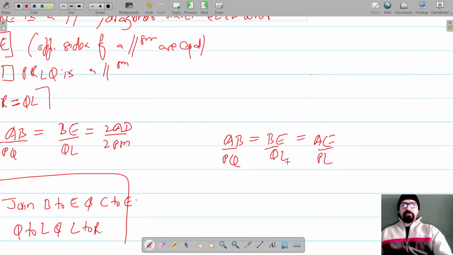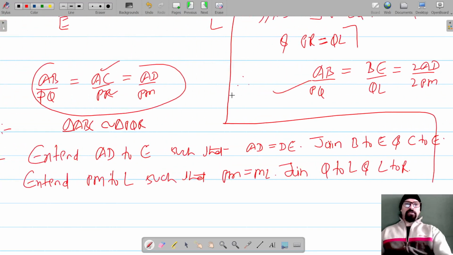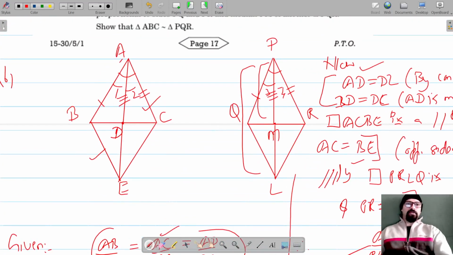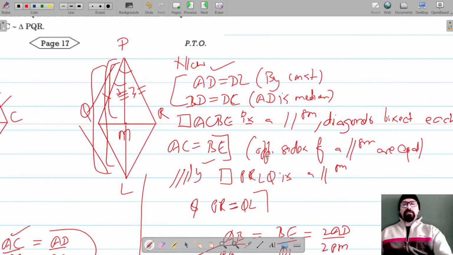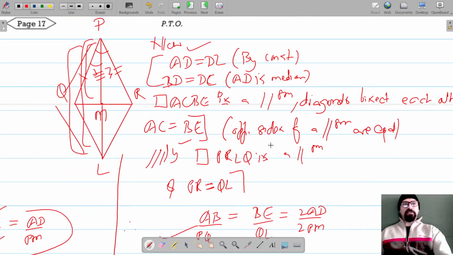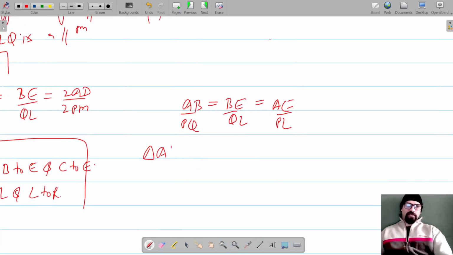So these are the sides in triangles ABE and PQL, so triangle ABE is similar to triangle PQL by SSS.